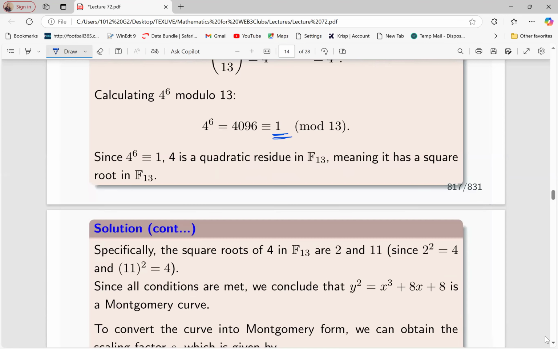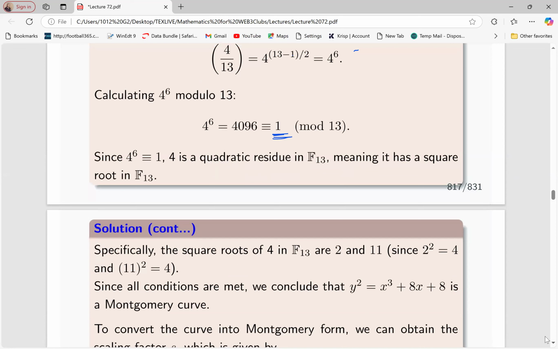So the next thing to do, therefore, is to determine our S, because we've seen that the two conditions have been met.